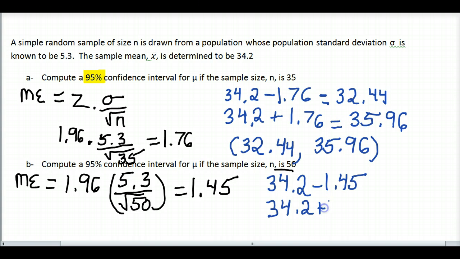I then just subtract that margin of error from the mean, and add it to get my new confidence interval.